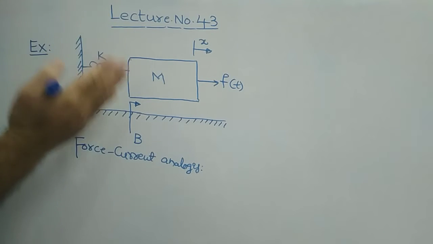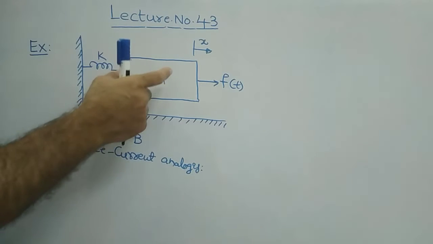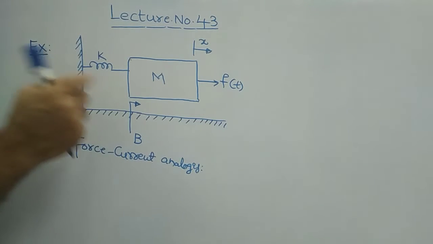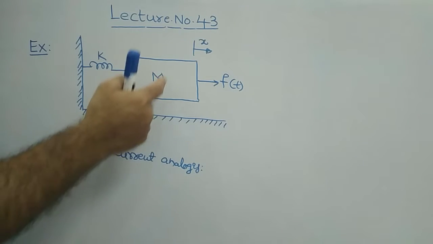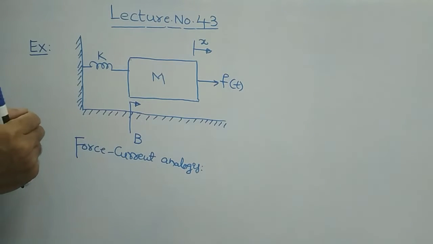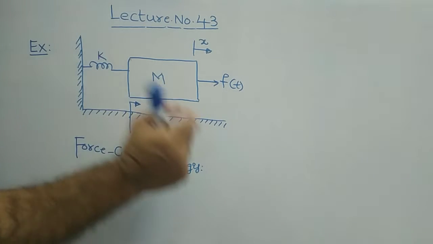You need to write the differential equations pertaining to this block. As this problem has only one block, you should have only one displacement, and that is why with one block you have only one differential equation.